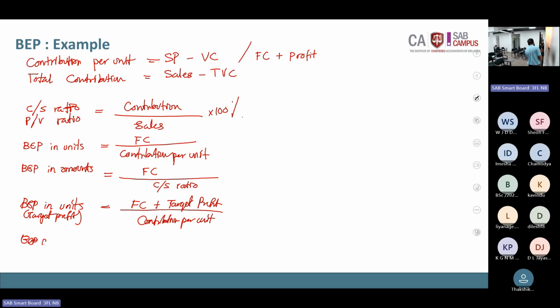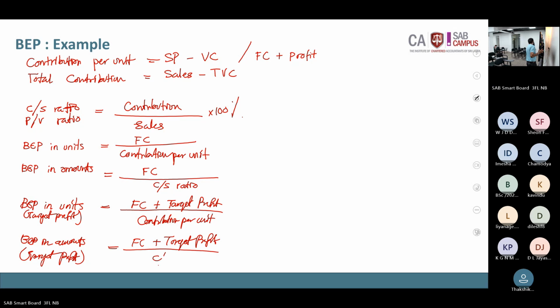Then break-even point in amounts with the target profit: fixed cost plus target profit divided by CS ratio.